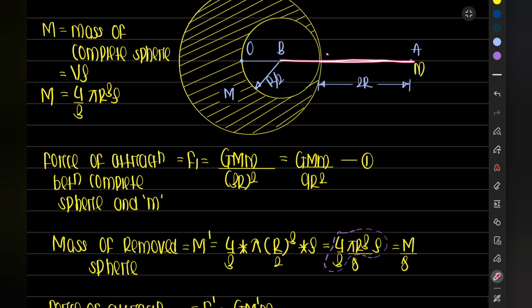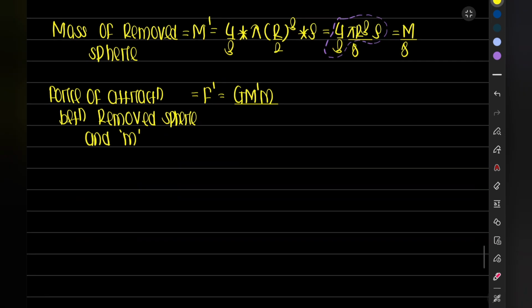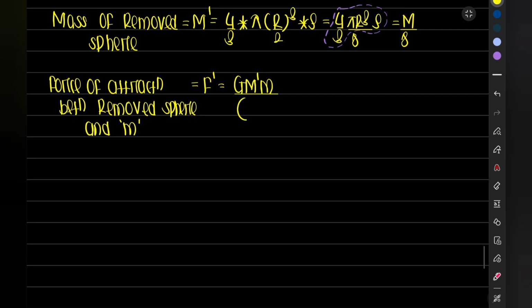As we can see, this distance is 2r and this distance is r by 2, so the complete distance will be 5r by 2.